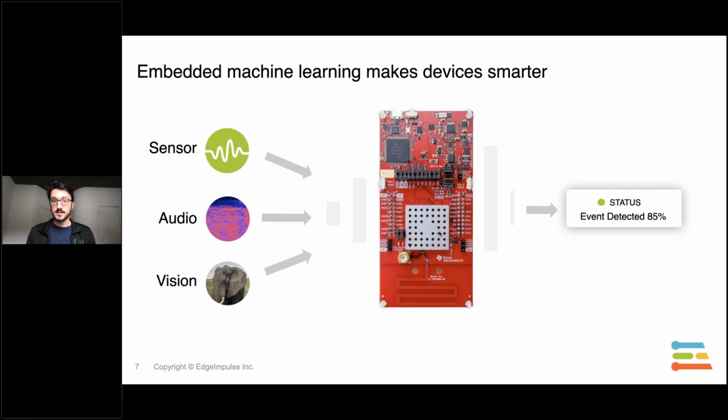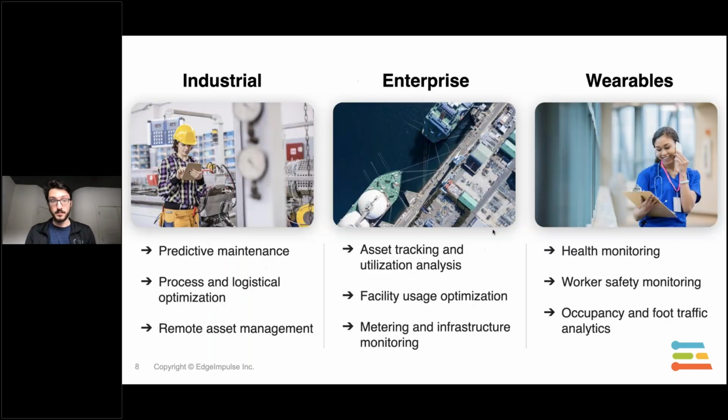A dev kit like this has microphones, accelerometers, and atmospheric sensors, and potentially even cameras that can be connected very easily to gain a lot of context and information about its environment. But what's missing in current programming paradigms is how do you actually map that to an intelligent output? How do you get your device to understand its environment and act in a smart way? Well, that's what machine learning can bring.